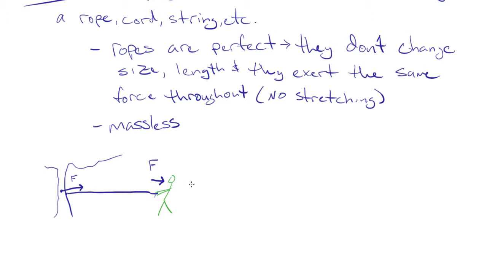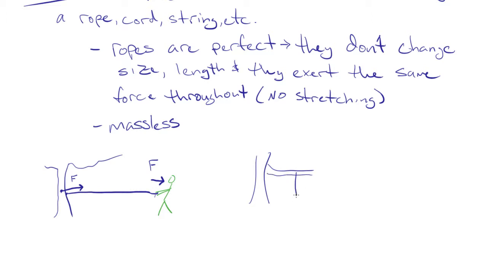Now, we don't consider ropes with masses or anything like that, but how might that make things a little bit different in this picture? Let's just, for one second, pretend that we cared about the mass of this rope. How do you think it might change things? It's a little bit confusing in this picture. Maybe a better picture is if I hang the rope from a branch.